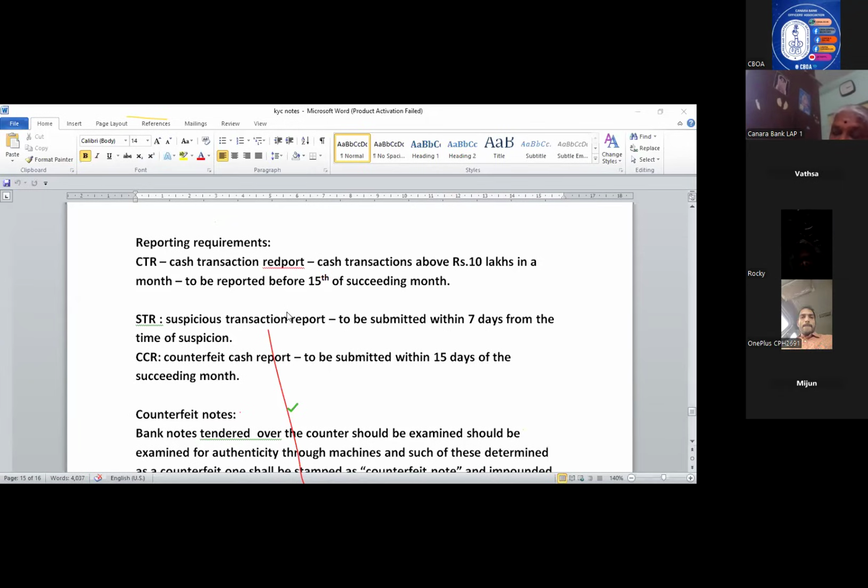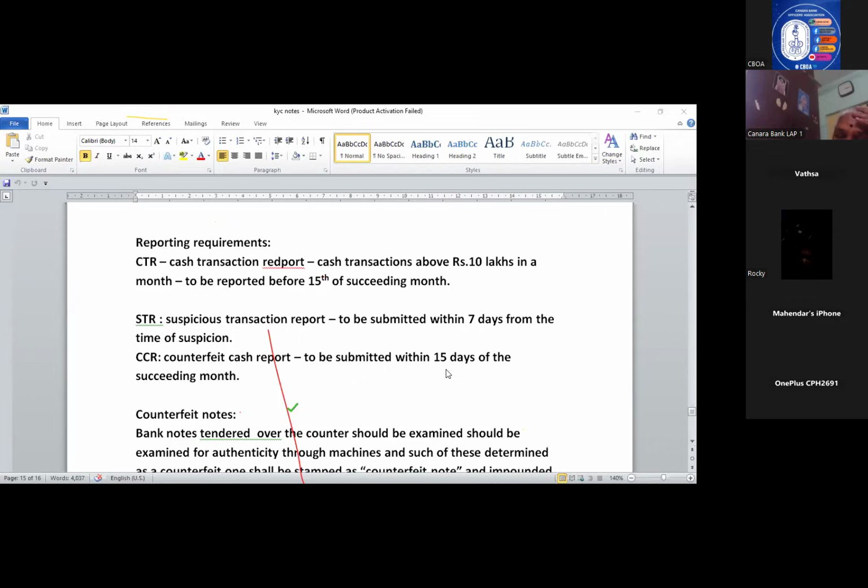Whenever we get a suspicion, we should not inform the customer, but we can note it down, block the account, then report it to our higher officers. All these reports will go to FIU India only through our principal officer and the designated director of the bank. It should be submitted within 7 days from the time of suspicion. Today, if you get suspicion about a transaction, within the next 7 days the report has to be submitted.